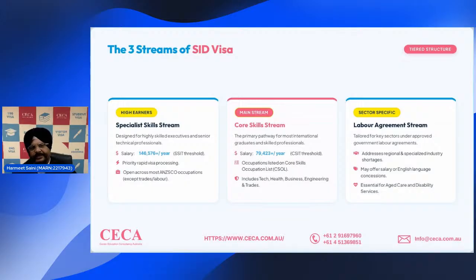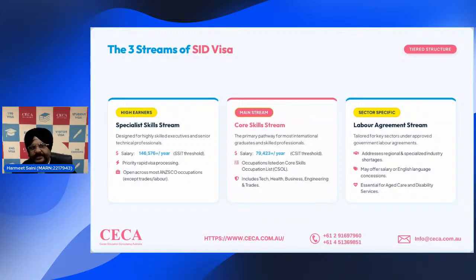Basically, the minimum requirement is that you have to meet some work experience and qualification requirements as well. If you meet those requirements, with at least 1 year of work experience, then you are eligible to apply for this visa.